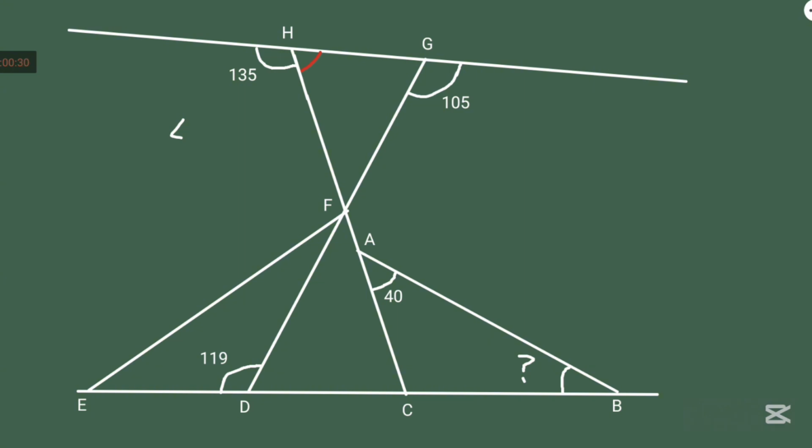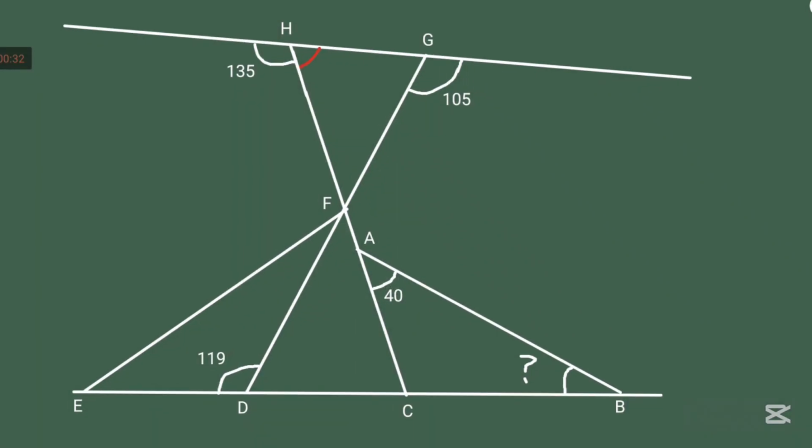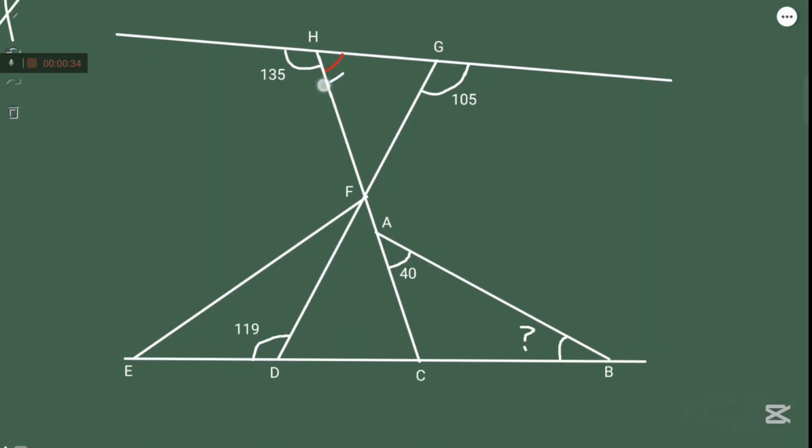So this angle should be 180 minus 135. So this should be equal to 45. Okay, so this is 45.